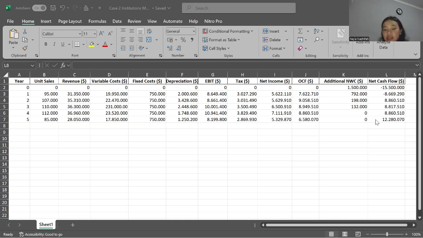And last is net cash flow, from operating cash flow plus recovery. We got $12,280,070. So we got the NPV, and that's my explanation for phase 2.